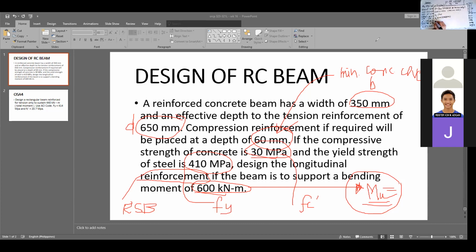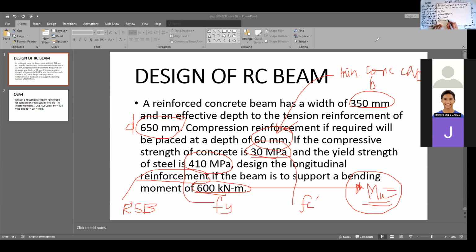So area of the steel bars is 0.012 times 350 times 650. 2,730 square millimeter.